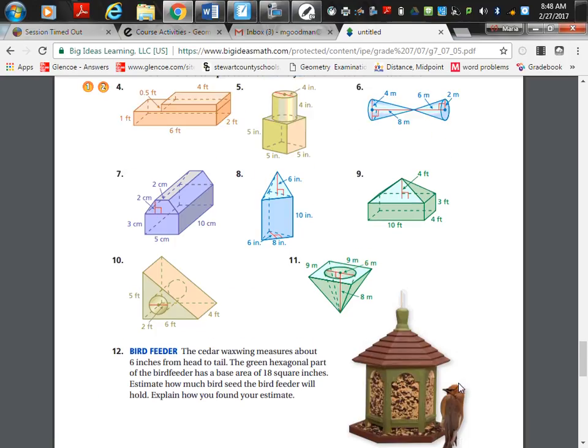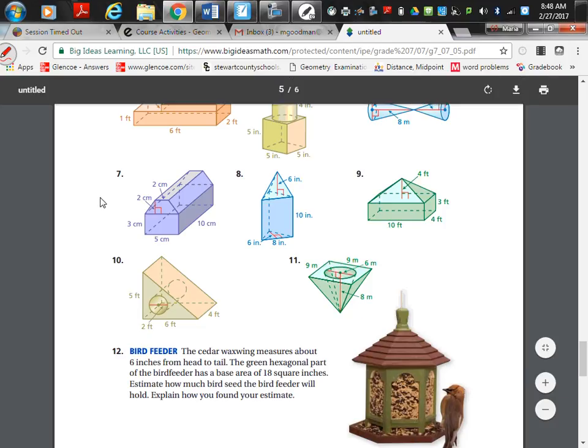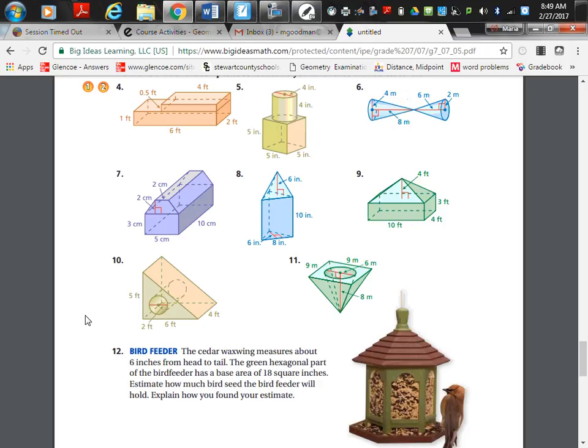No, you can do 8 also. So you're going to do 4 through 11. Skip 7. We'll skip 7 for today. 7's a bonus. Everybody must attempt it. So 4 through 11. And I did 4 and 5 for you.